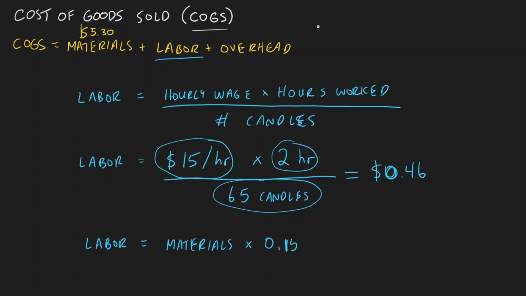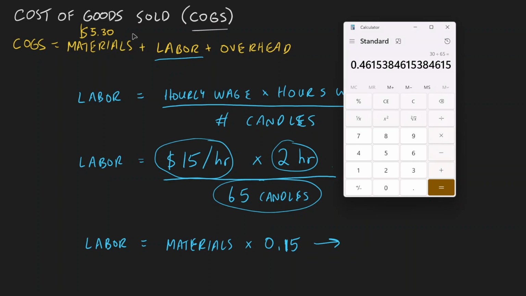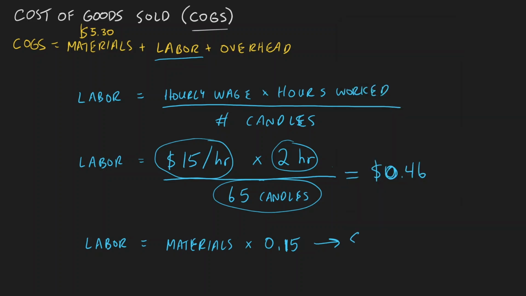So times 0.15. We have a materials cost of $5.30, and 5.3 times 0.15 is going to work out to about 79 cents, about 80 cents. A little more than what we had there. 0.8, not $80.